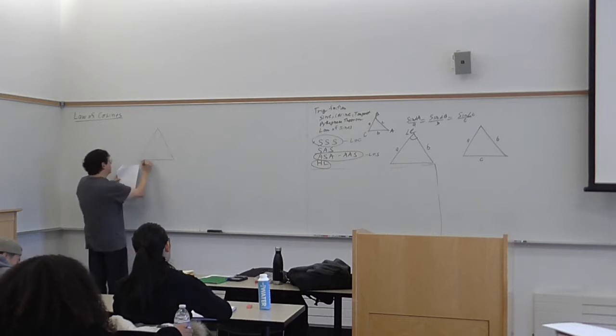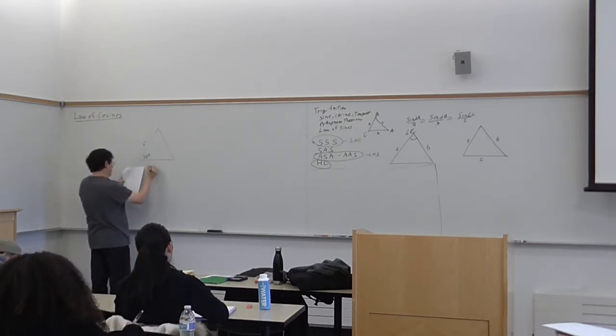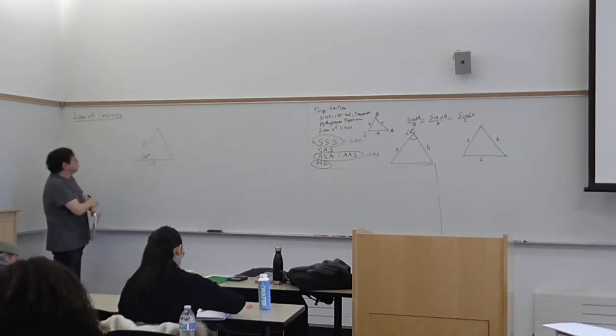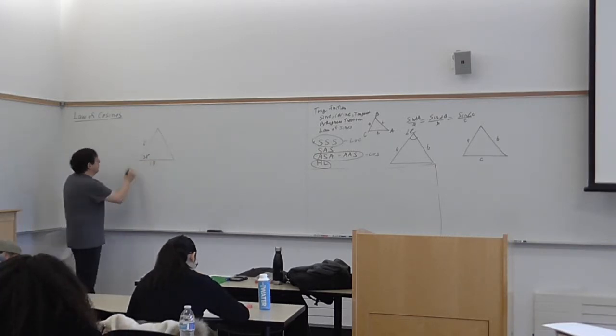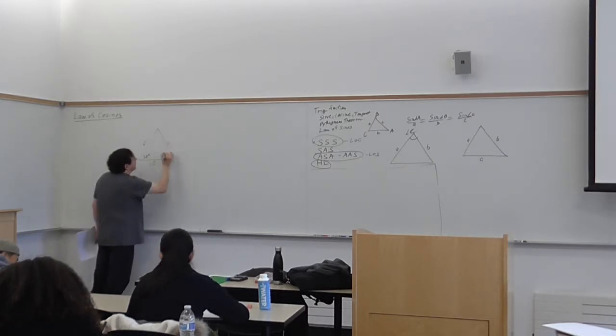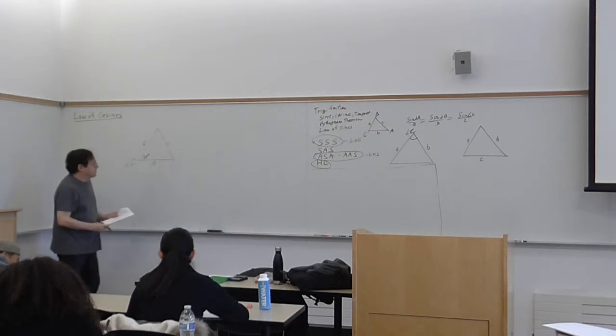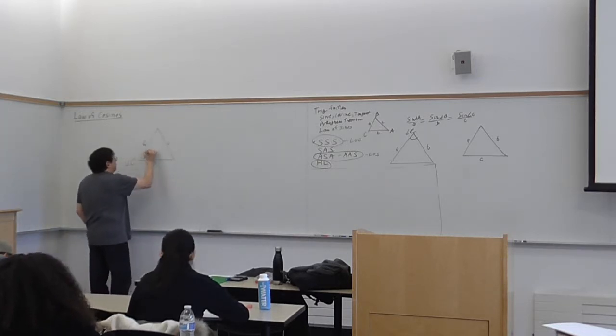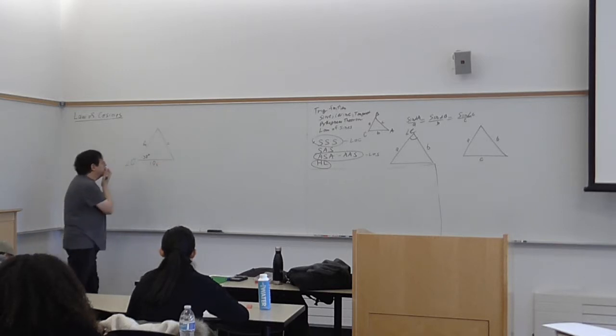Here I have a triangle with a known angle and two known sides. So let me call this angle C here. This is side c.